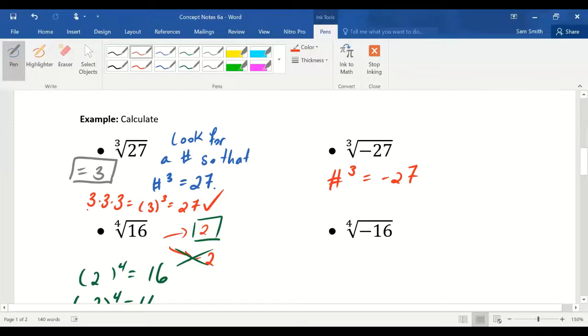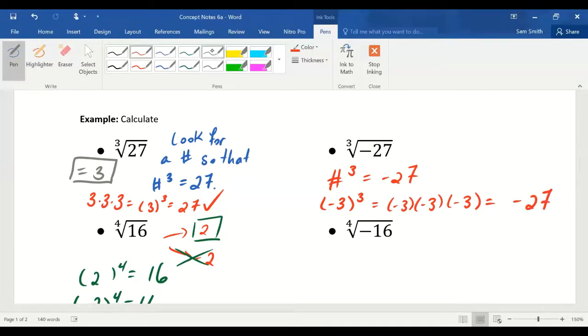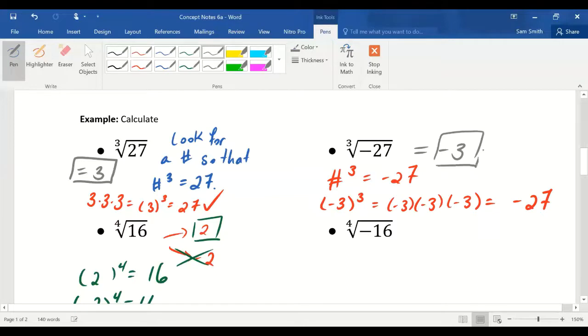Now, I know that positive 3 to the power 3 is 27. So I'm inspired to consider, what about negative 3 cubed? Negative 3 times negative 3 times negative 3. Well, 3 negatives, in total negative 27. And so that would be my final answer here. The negative 3 I would choose as the result of this odd root.